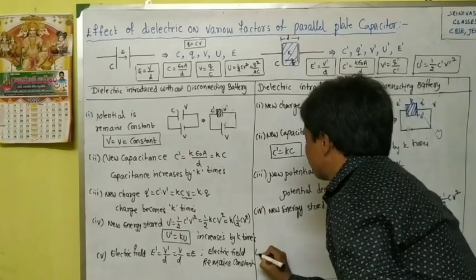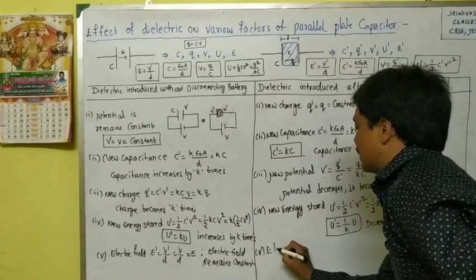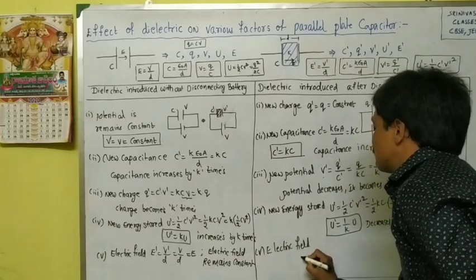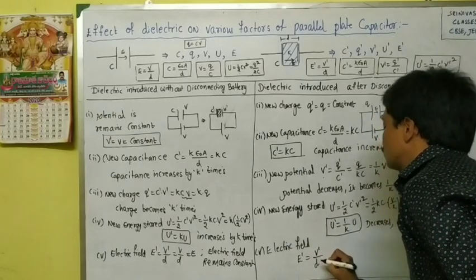And the fifth point is what happens to the electric field between the plates. What is the formula for the new electric field? New potential by new separation.